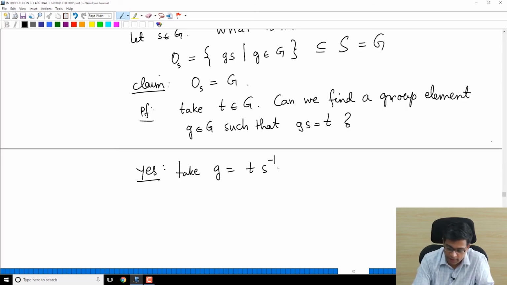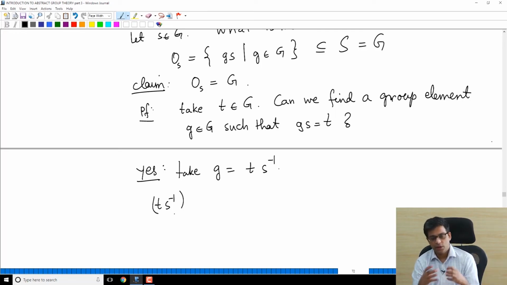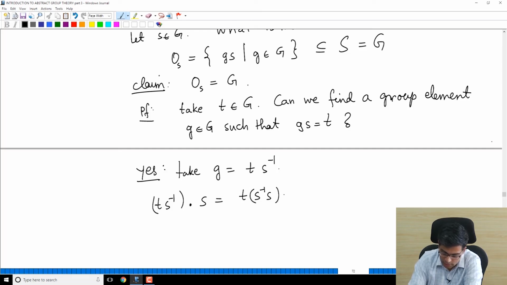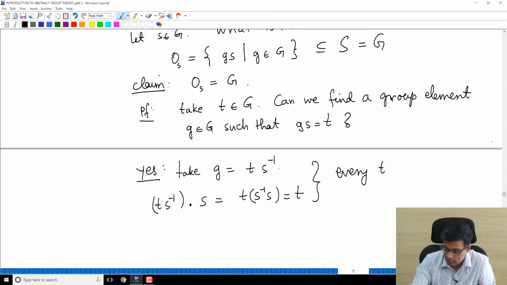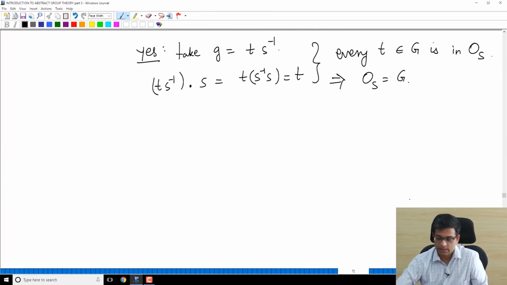Here G is playing two avatars, remember: G is the group as well as the set. If you do TS inverse times S, you get T. So every T is in the orbit, so OS is G. Again, the orbit is all of G.